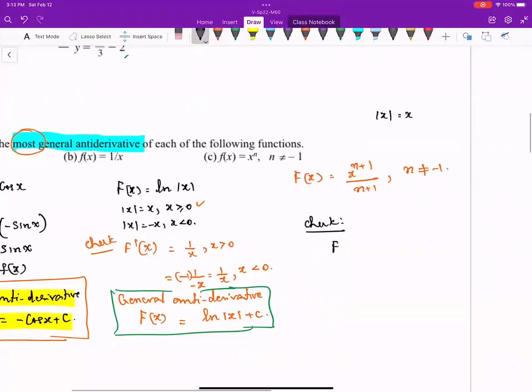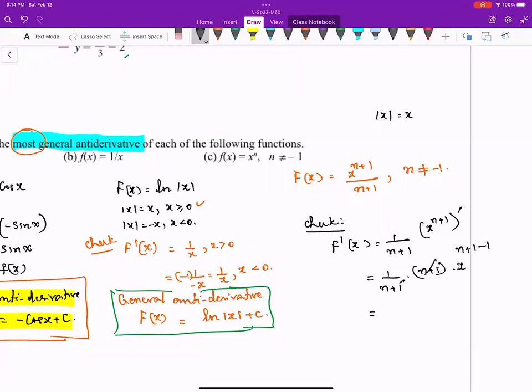So if you differentiate f of x, you'll get 1 over n plus 1, which is a constant that can be taken out. Then the derivative of x to the n plus 1, you have to take the derivative of that. So 1 over n plus 1 times the exponent times x to the exponent minus 1.